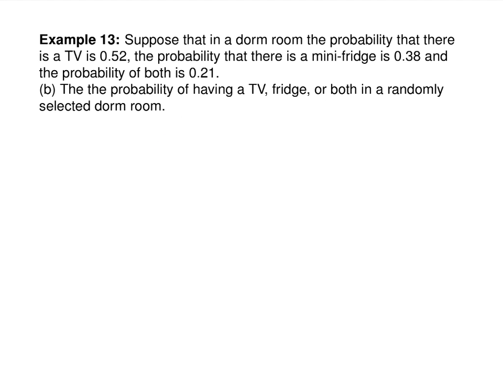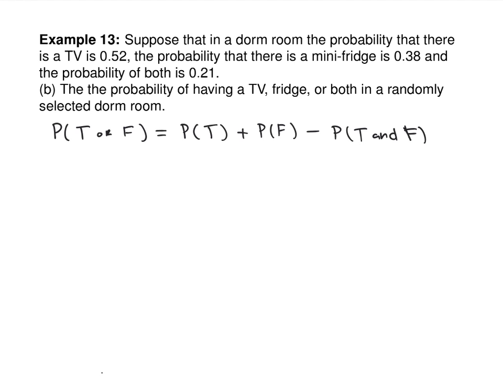Okay. Probability of a TV, fridge, or both. I'm going to call it T or F. So what rule do you use for that? P of T plus P of F minus P of T and F. Got to be very careful about those ands and those ors.